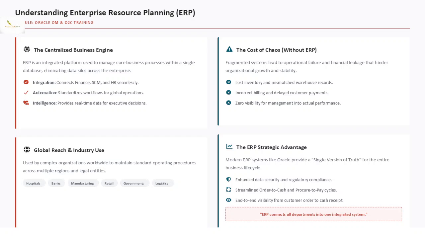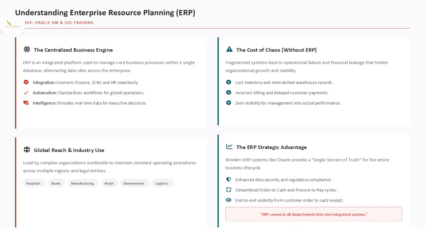So ERP systems integrate finance, supply chain, procurement, inventory, manufacturing, logistics, human resources, and customer operations into one centralized platform.